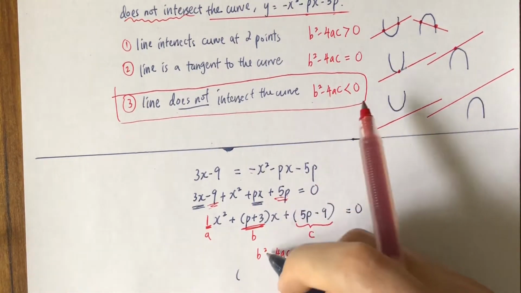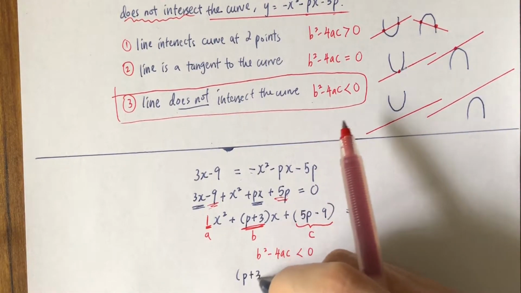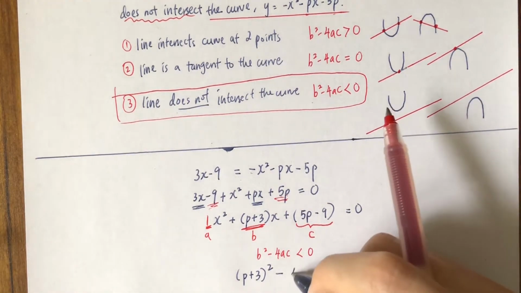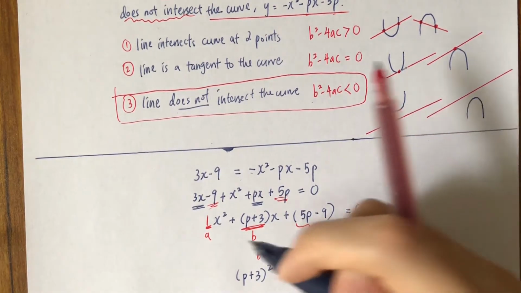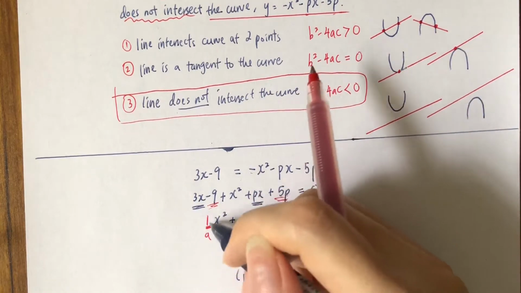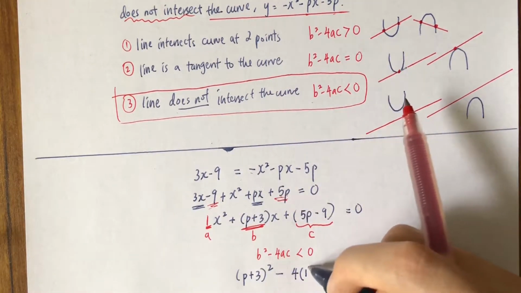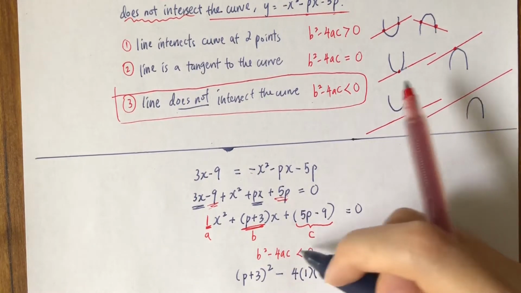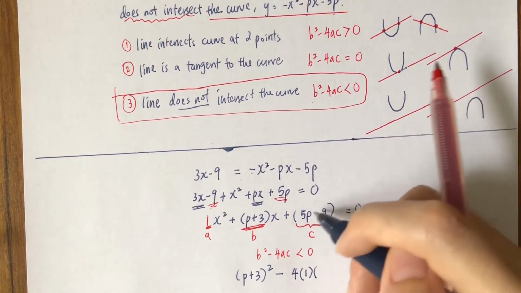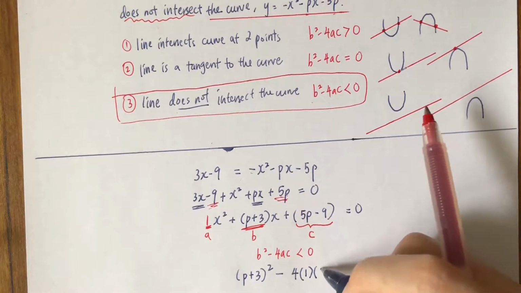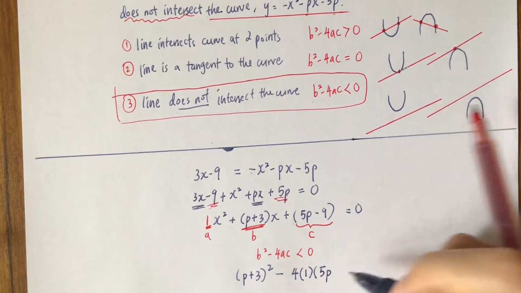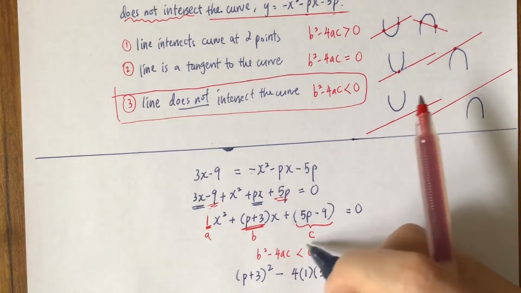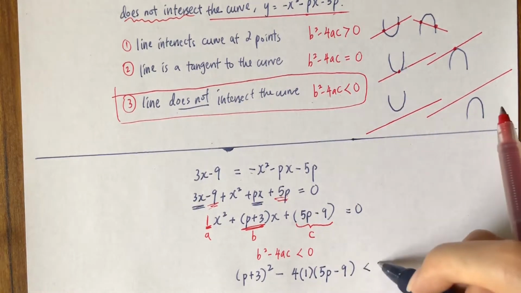So b squared would be p plus 3 whole thing squared, minus 4 times a, which is the invisible 1, so I'll write down 1. And lastly, my c is all the constants collectively, so it will be 5p minus 9, close the bracket, and all these, don't forget, it is lesser than 0.